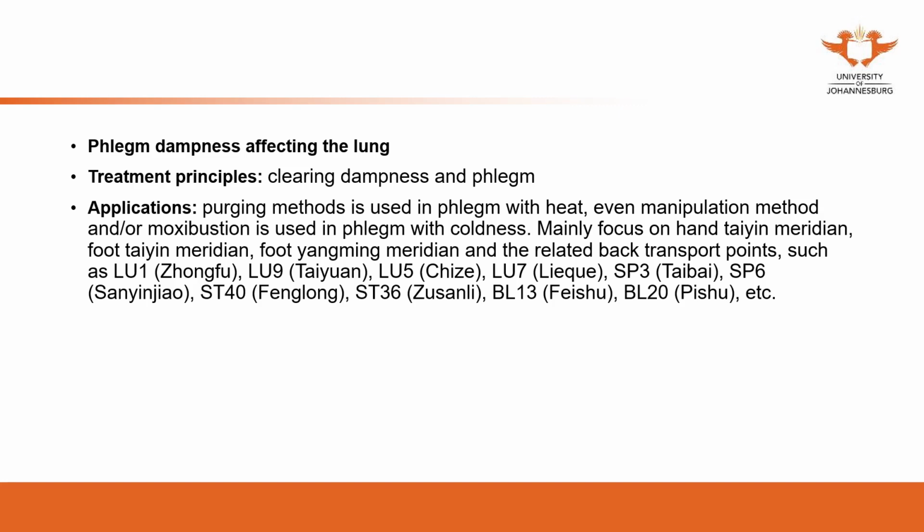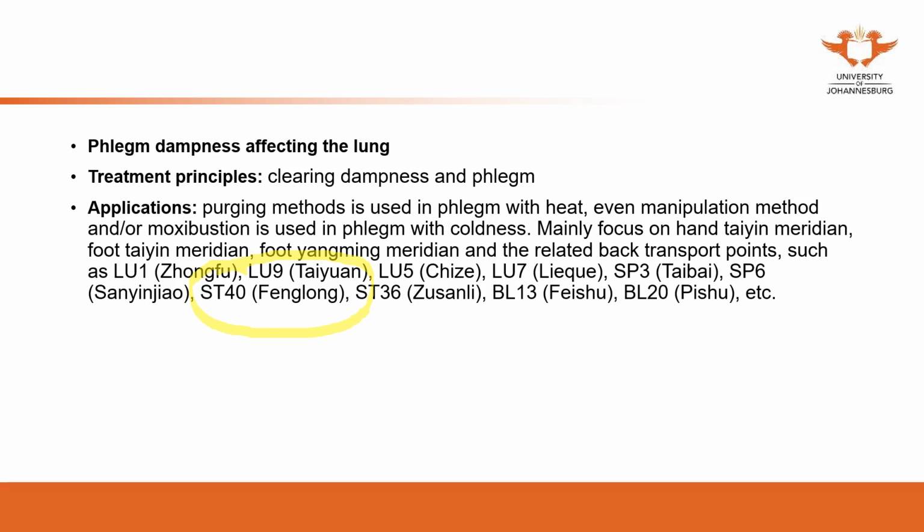There's one point here we need to emphasize: stomach 40. Stomach 40 is very important for clearing the phlegm, no matter the visible phlegm or invisible phlegm. When I say visible phlegm and invisible phlegm, what do I mean by invisible phlegm?